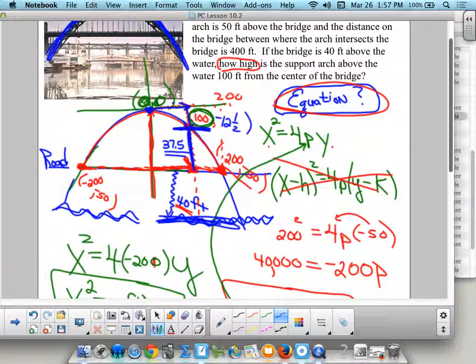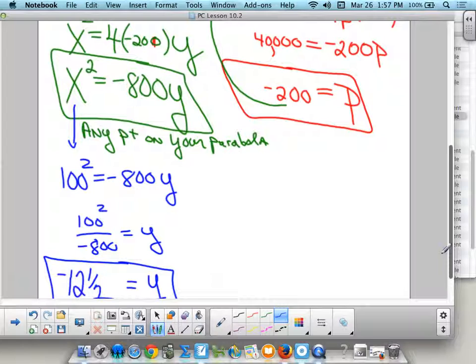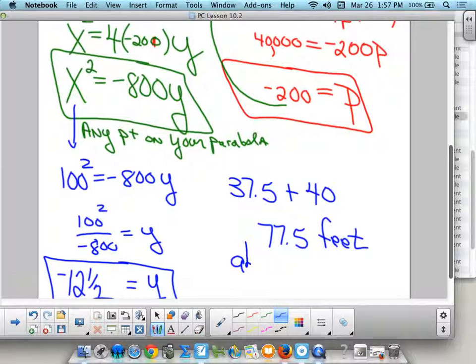So from the road to here is 37.5, but from the road to the water is 40. So the final answer is, it's basically 37.5 plus 40, 77.5 feet above the water, right? That's the answer.